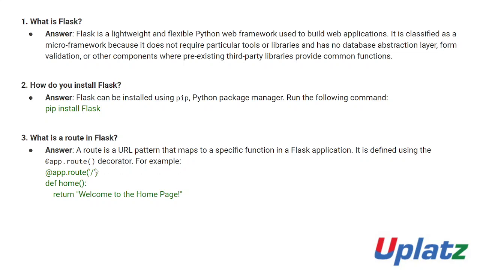For example, @app.route('/') then def home(): that is, home is a function, return 'Welcome to the home page'. So when the user goes to the home page, that is slash, then he or she will get this message, that is, welcome to the home page.